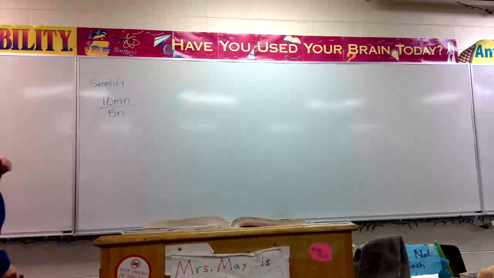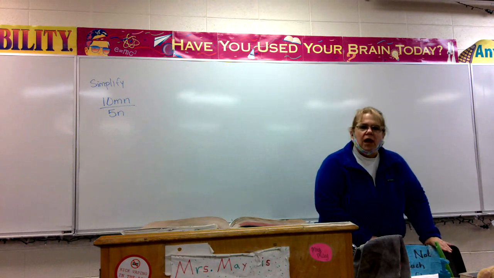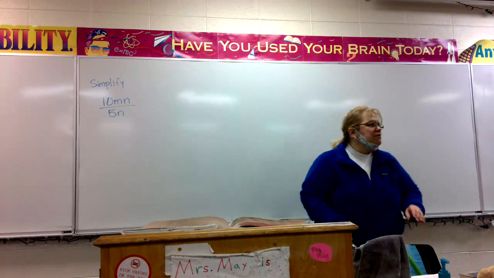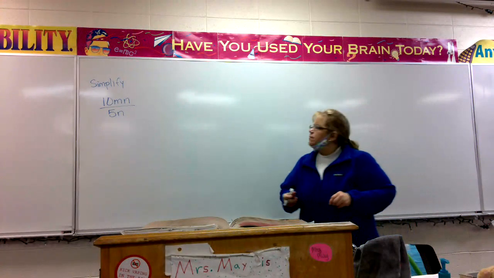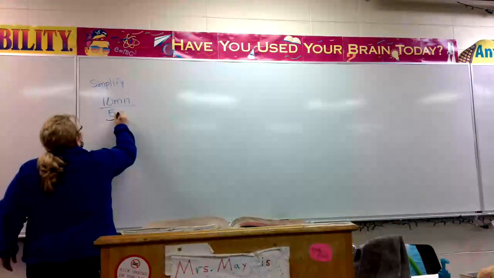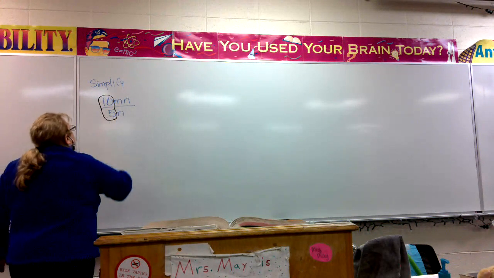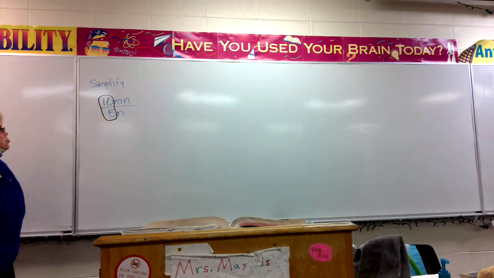If I asked you to simplify this now, you should be able to do that, right? That's what we've been doing in the last lesson, and maybe the day before that. You can simplify, what is 10 over 5? 2.